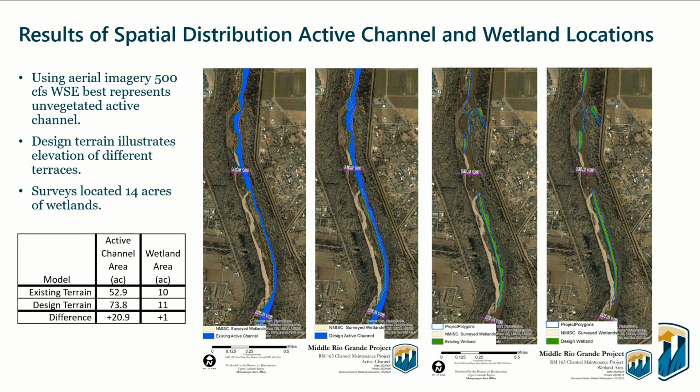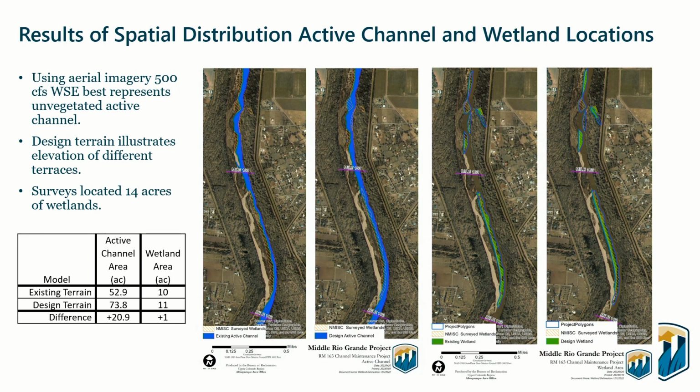And then here, lastly, what this model shows is that all the lower terraces that we are proposing, we think are going to translate into wetland, right? Part of it is going to translate into open channel, part of it will translate into wetland.